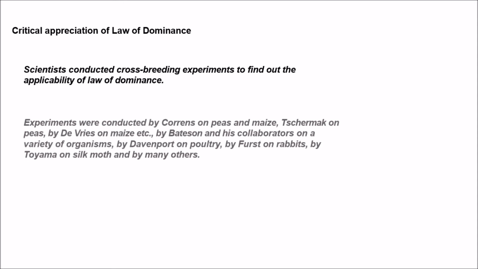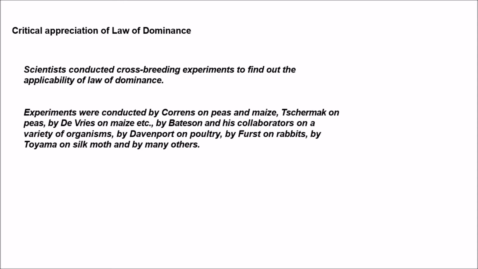And coming to the critical appreciation of the law of dominance, scientists conducted crossbreeding experiments to find out the applicability of the law of dominance. After studying the laws given by Mendel, they did crossbreeding experiments.